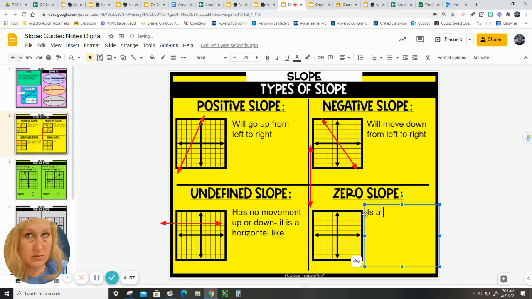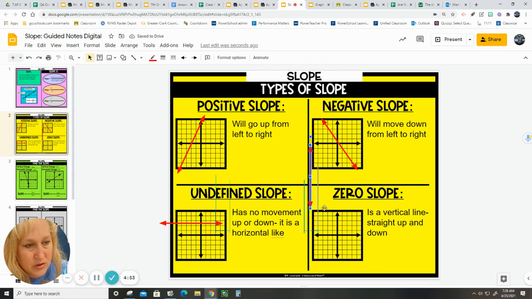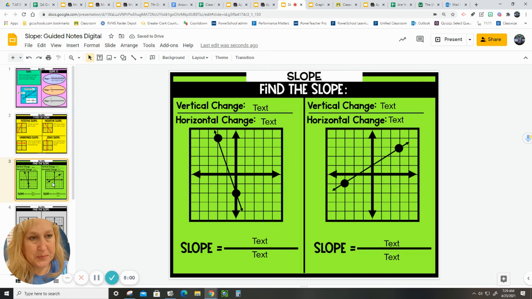Nope, the undefined one is a vertical line, straight up and down. And so you will pull this last one so that it's straight up and down. Okay.